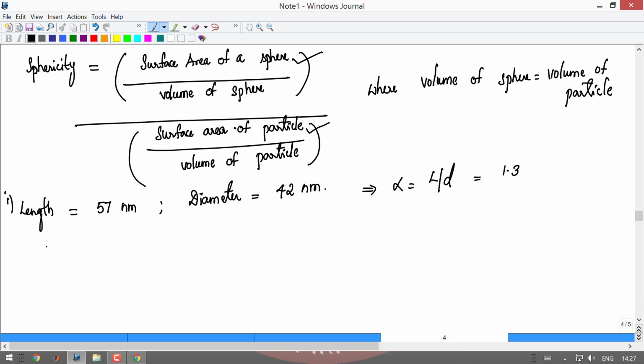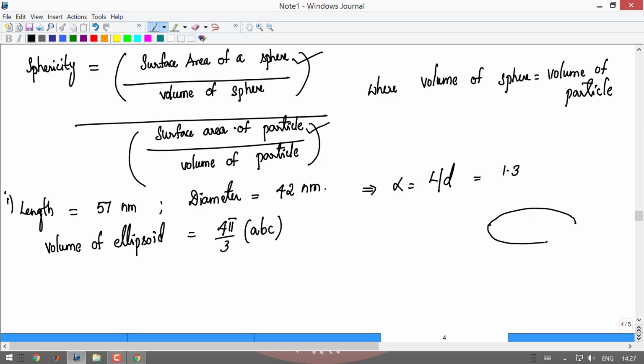So, first we will look at the expressions which will give us the surface area of the ellipsoids. Even before that we will look at volume of ellipsoid. The volume of ellipsoid is given by 4 pi by 3 times A, B, C, where A, B and C are the dimensions. Let us say that this is an ellipsoid and this is the major axis.